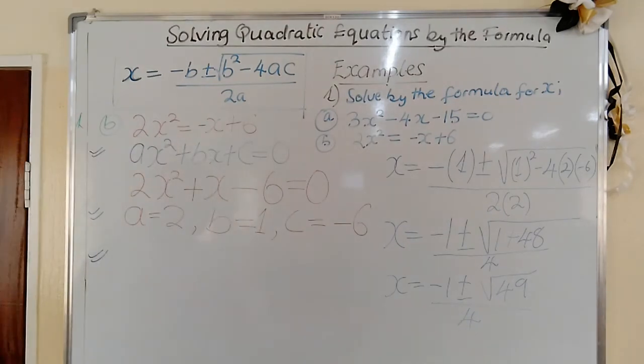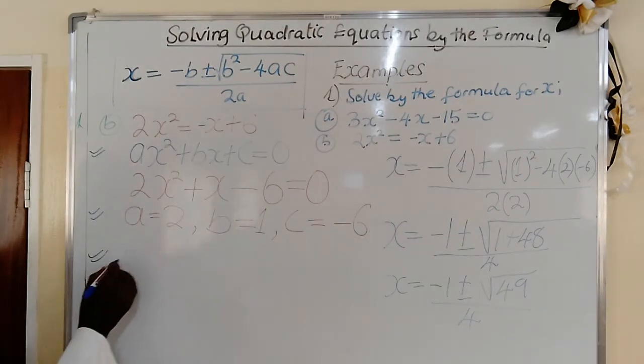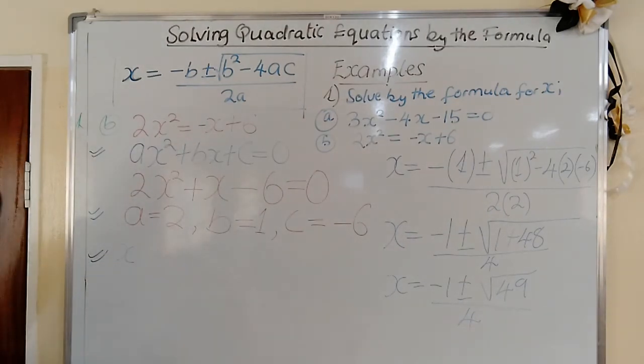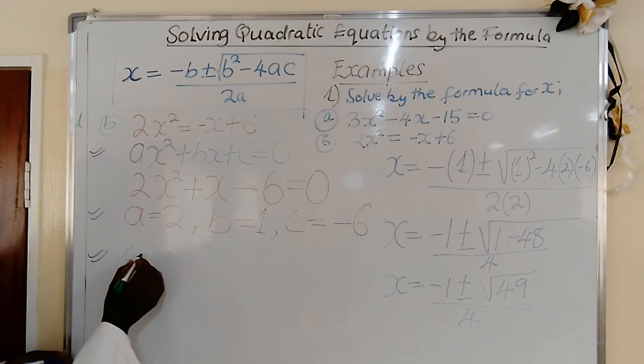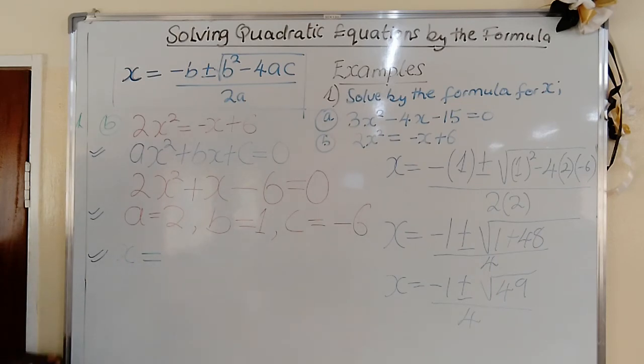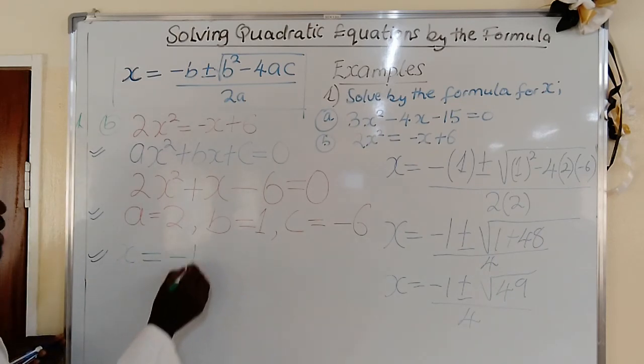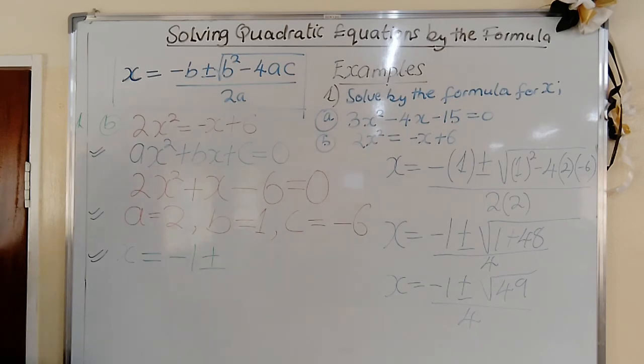So we say x is equal to negative 1 plus or minus. We know the square root of 49 is a whole number, which is 7.